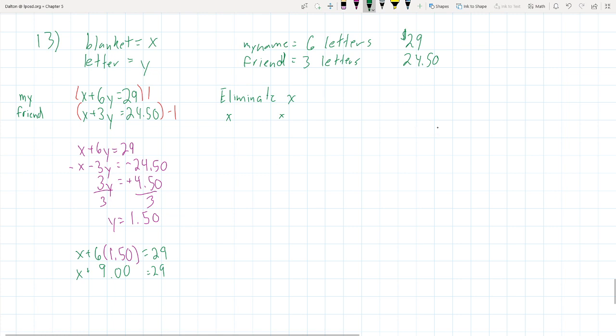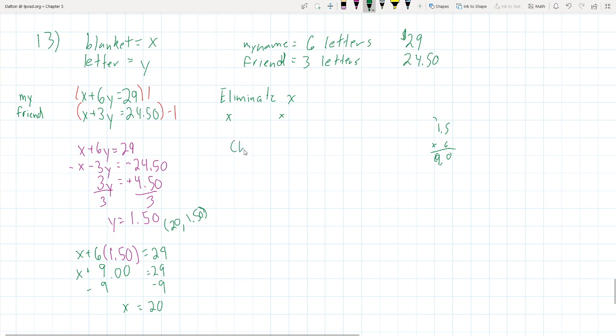Let me just double check. Yeah, 9. Okay. Then I'm going to subtract 9 from both sides, and I get x equals 20. So 20 comma 1.50.